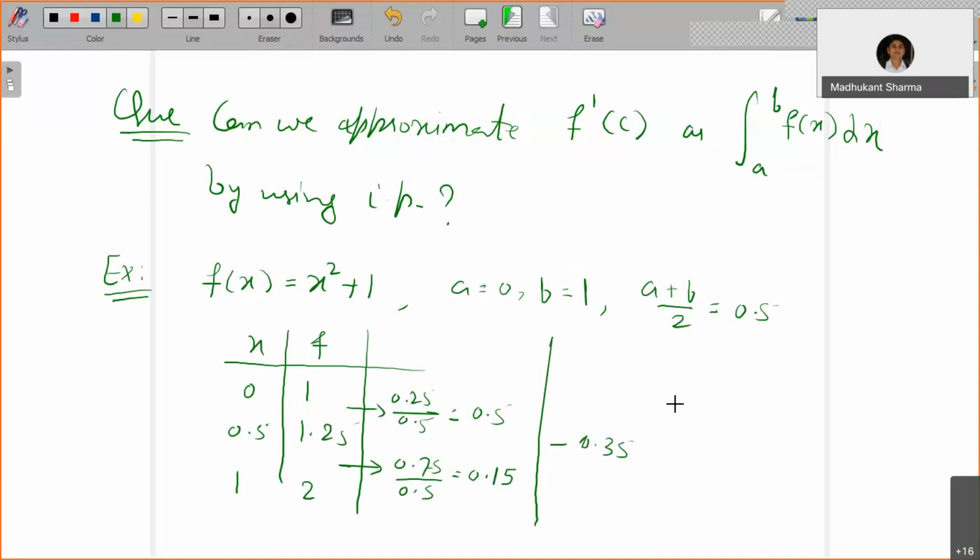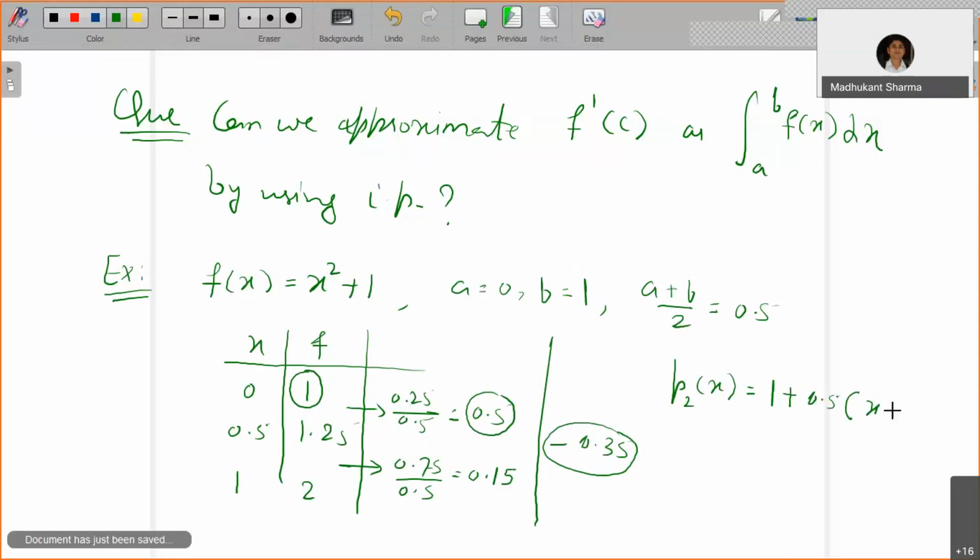You can use the values here. These values are the first divided difference and second divided difference, and the interpolating polynomial of degree 2 is going to be 1 plus 0.5 times (x minus 0) plus 1 times x into (x minus 0.5).